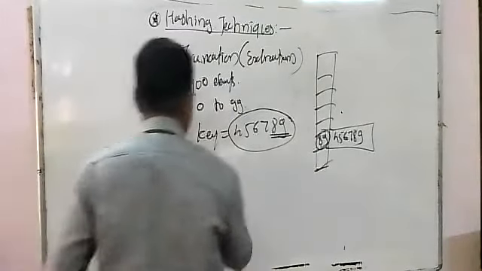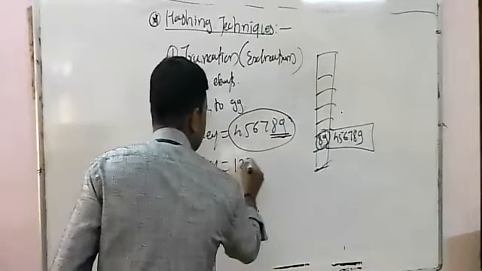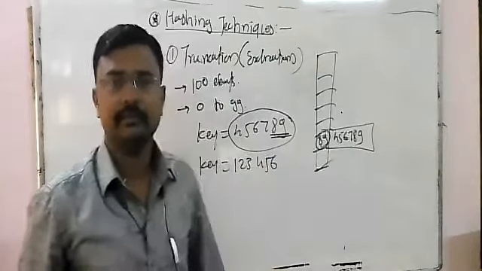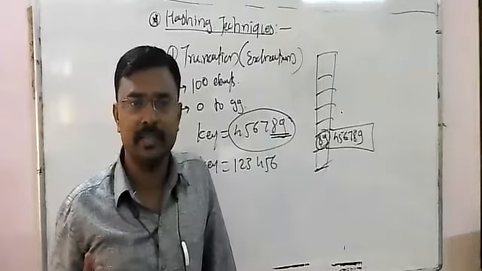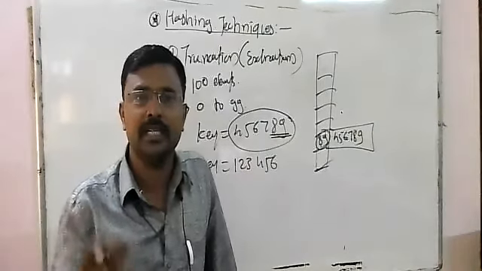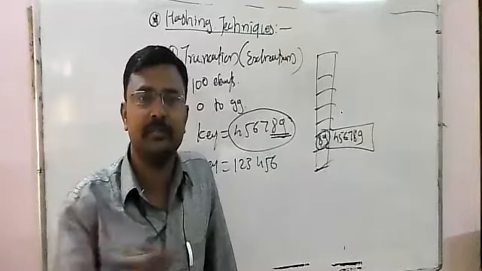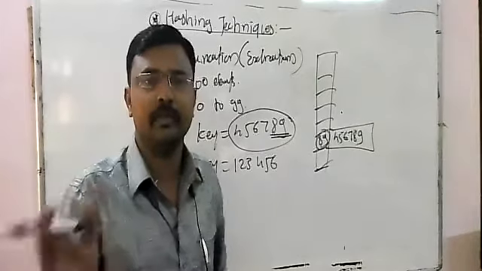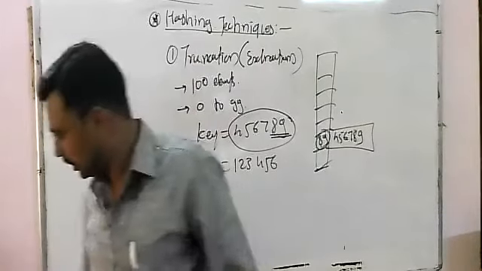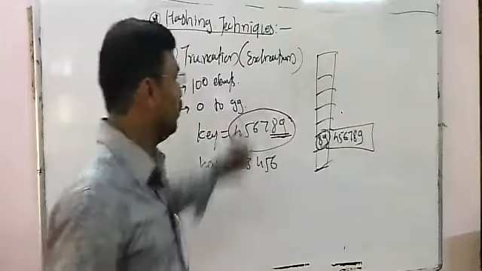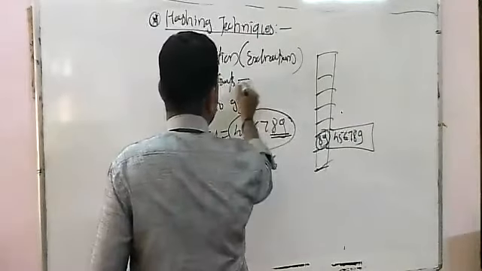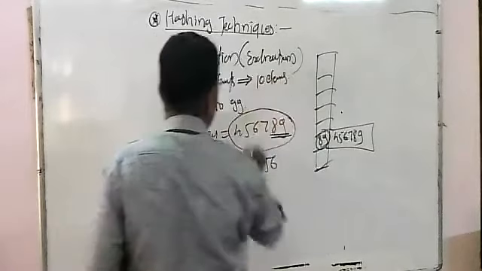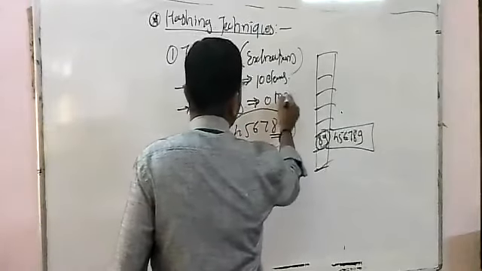Suppose another example, suppose your key is like this. Where will it be stored in your hash table? At 56. Simple calculation. We have just extracted the last two digits from your key. Now suppose your hash table has a capacity of only 10 elements and the range is from 0 to 9.